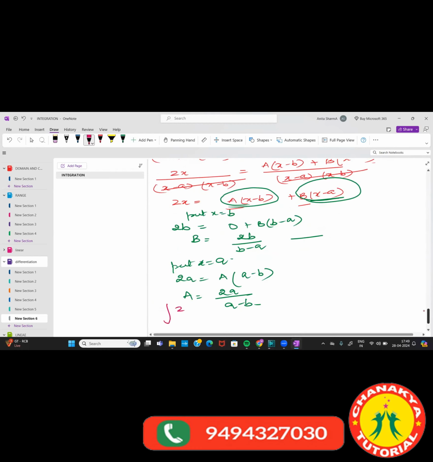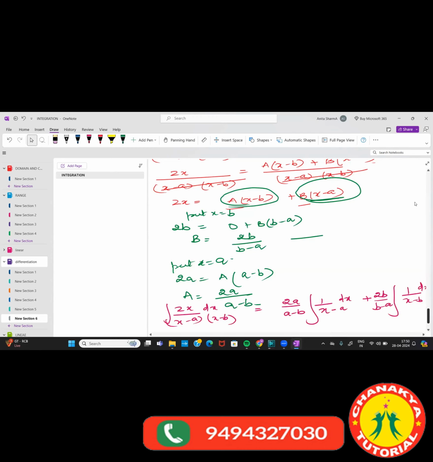Your integration of 2x upon (x − a)(x − b) dx will be equal to A, which is 2a upon a − b, and it was given 1 upon x − a dx, plus 2b upon b − a, a constant term, because you will integrate only x terms, upon x − b.